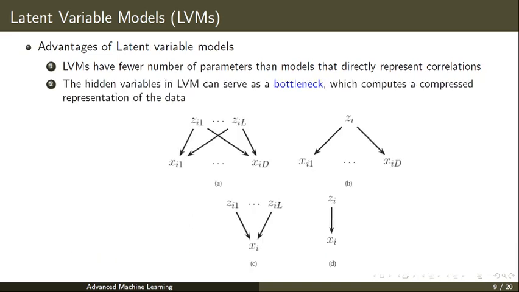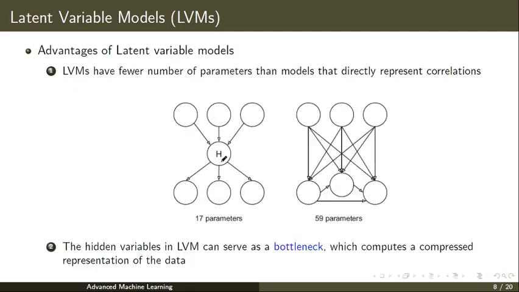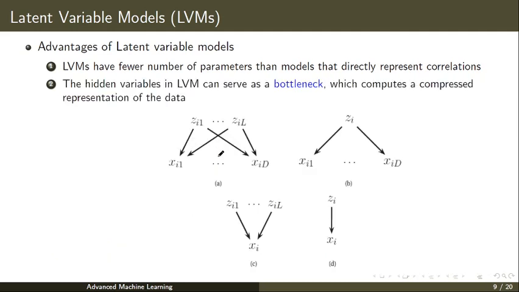Another advantage is that a latent variable model can serve as a bottleneck, which can be used as a compressed representation of the data. So in this case, these data can be represented in a compressed form here. That is what we mean by a compressed representation.